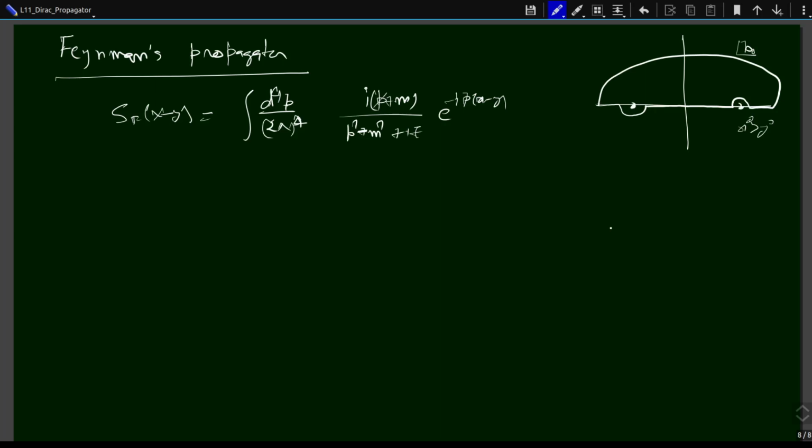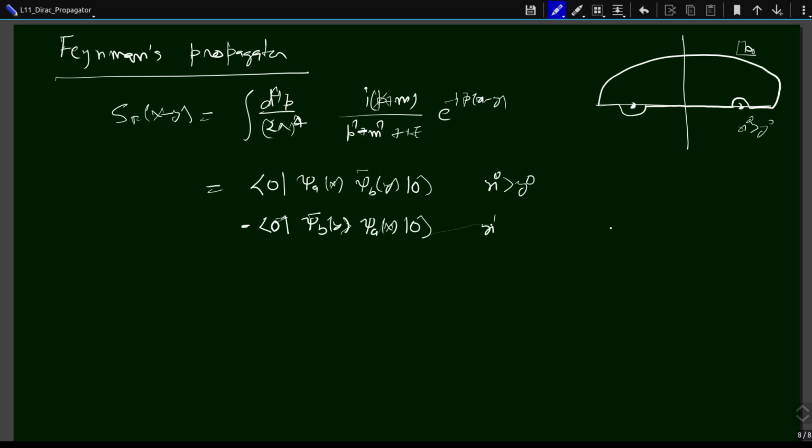Okay, so the way to write this particular object in terms of operators is that this is <0|ψ_a(x) ψ̄_b(y)|0> when x naught is greater than y naught, minus <0|ψ̄_b(y) ψ_a(x)|0> when x naught is less than y naught. Okay. So this is the way we write it.